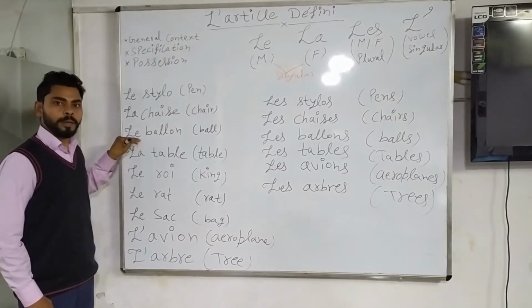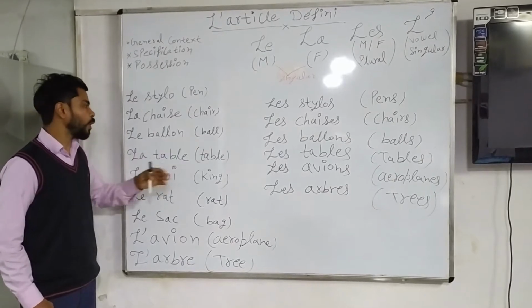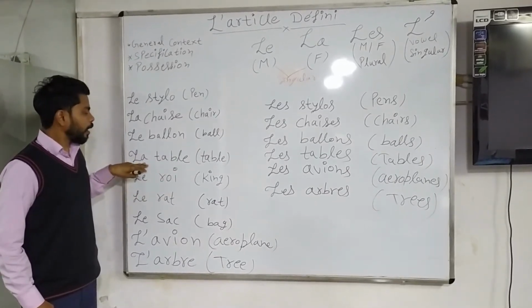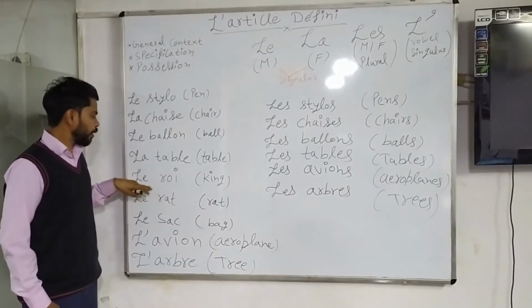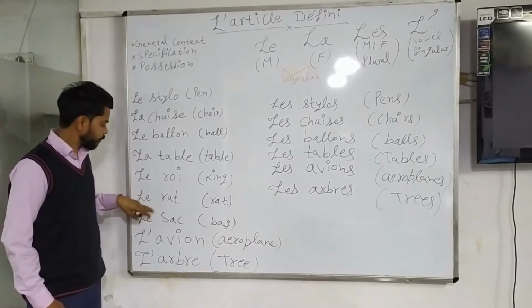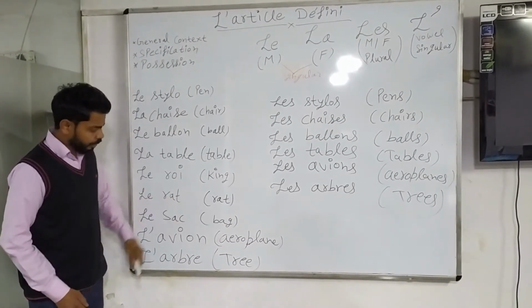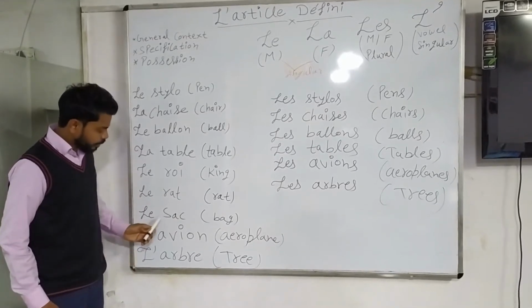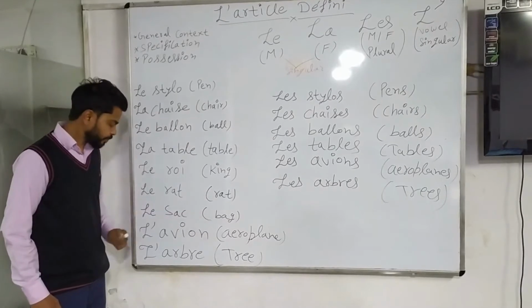Then le ballon, which means ball, the ball. La table, which means table. Le roi, which means king. Le rat, which means the rat. Le sac, which means bag.